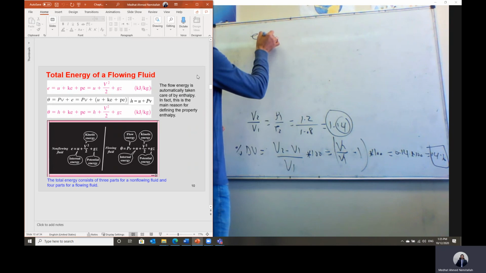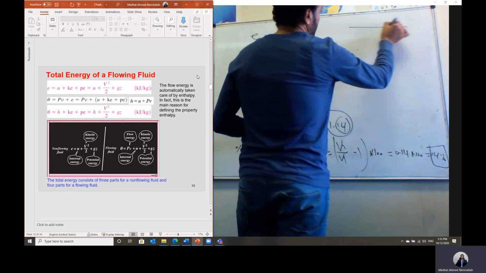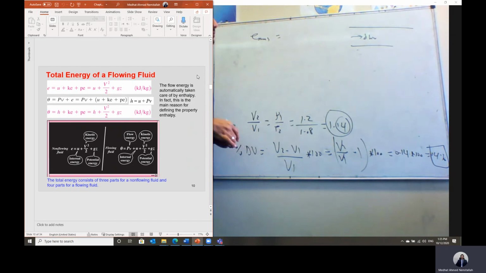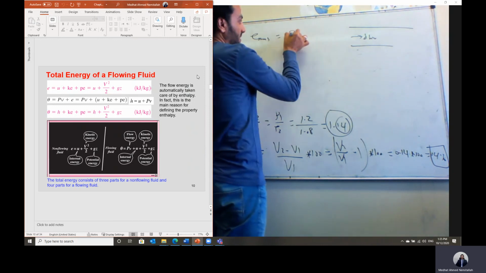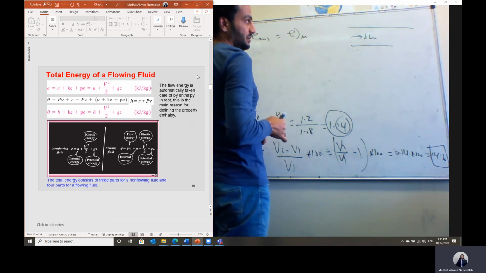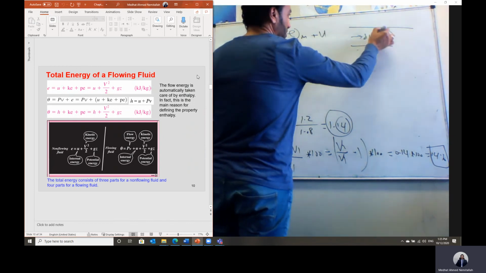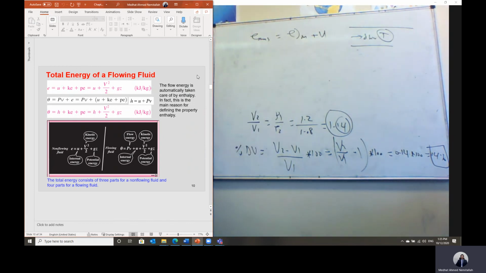We said energy transfer by mass, if we have, let's say, a flow inside a tube, is equal to the mechanical energy of the fluid plus the internal energy, because this flow has a temperature, so it has an internal energy.